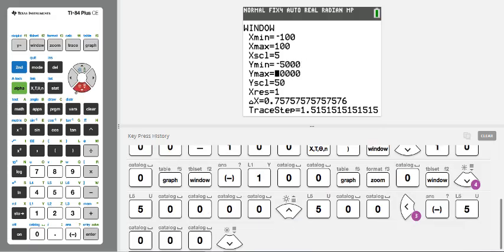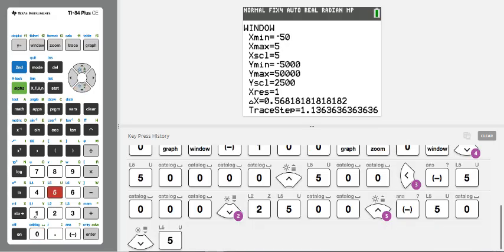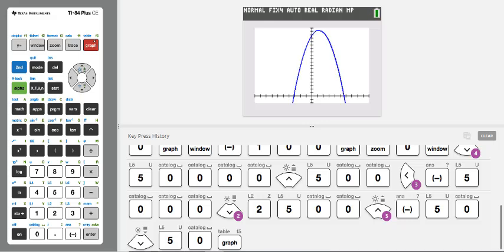Okay, I'll just do this as 2,500. All right. I definitely want to do this as negative 50 and then 50 there. Let's just kind of see what we got. All right, okay, that's better.